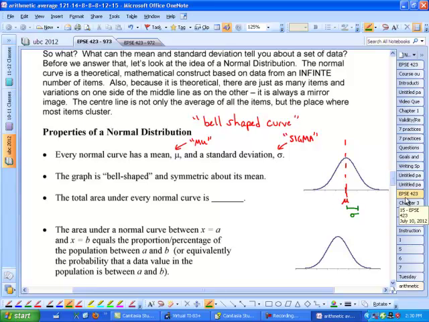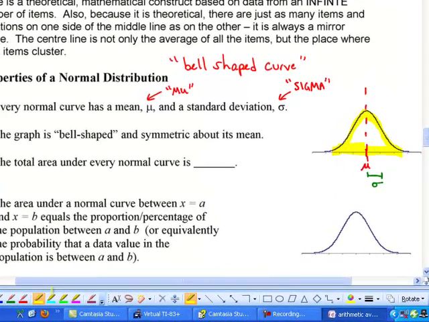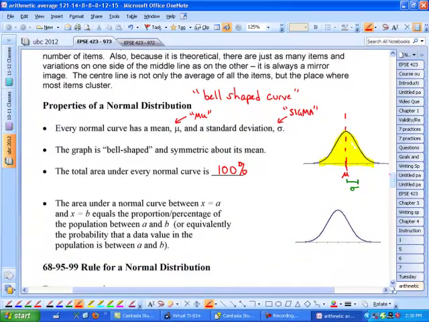The total area under the normal curve, so if I were to ask you to look at all this stuff underneath the curve here, that's equivalent to 100%. Sometimes people will ask, what's the area under a normal curve between two values?